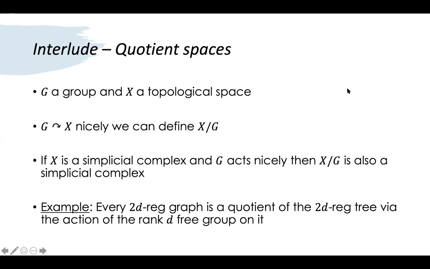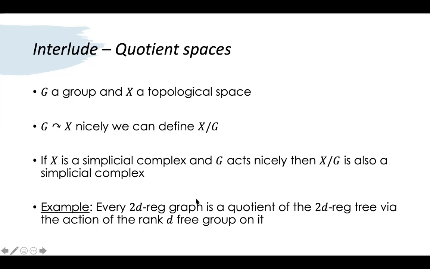Quite amazingly, if the action is nice enough and X is a simplicial complex, you will get a simplicial complex. And if the number of orbits is finite, it automatically means that you will get a finite simplicial complex, which is a very nice thing. So this is a finite combinatorial structure that we can actually check things about.